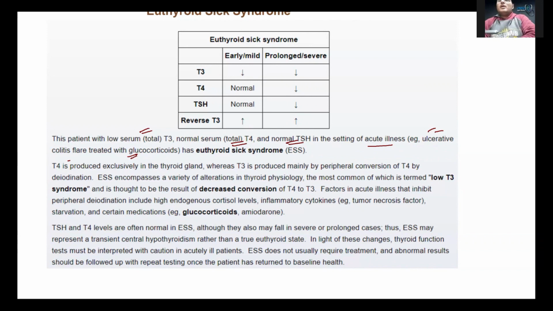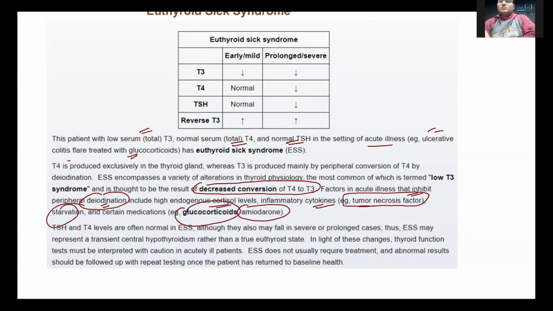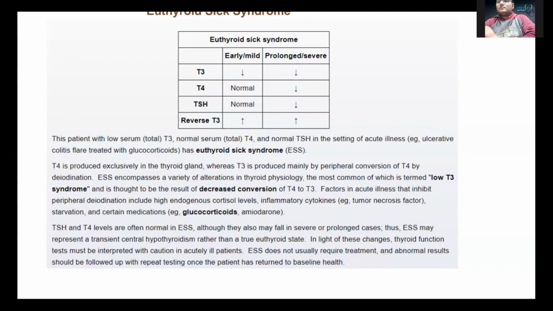You should know all the etiologies I have told you: infection, surgery, stress, cytokines, amiodarone, cortisol. They decrease conversion of T4 to T3. The factors that inhibit this peripheral deiodination include cortisol level, inflammatory cytokines like tumor necrosis factor alpha, starvation, and medications such as glucocorticoids and amiodarone. We have discussed it already.